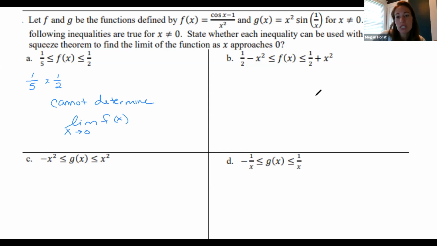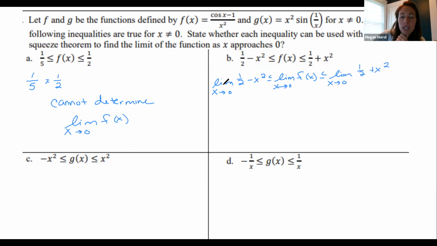This next one, we do actually need to analyze our limits. So we're going to take the limit from the left. And our limit, so the limit of this left-hand side of the inequality, the limit of the right side of the inequality, if I sub in 0 here, I get that this function lives between 1/2 and 1/2.